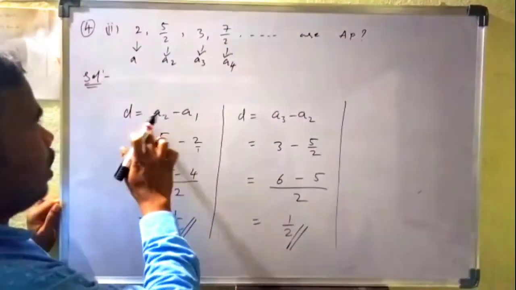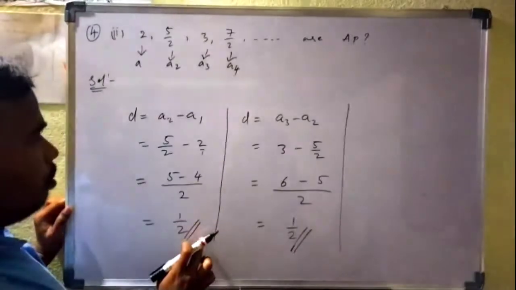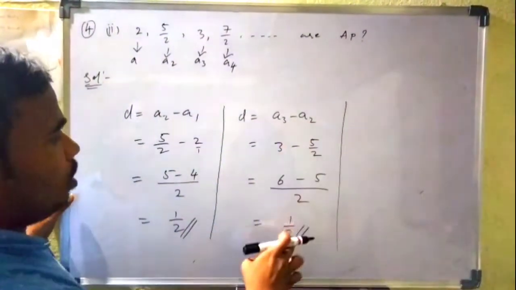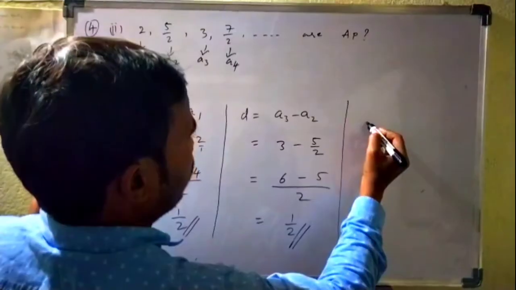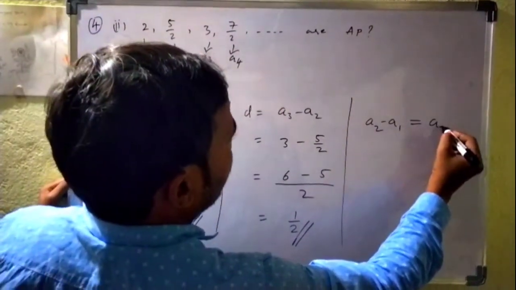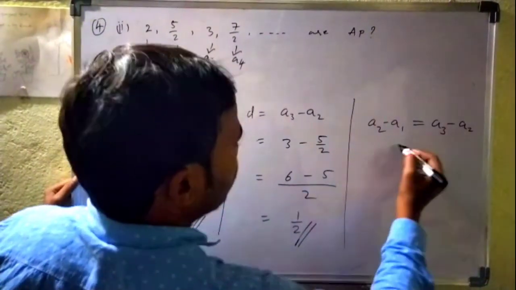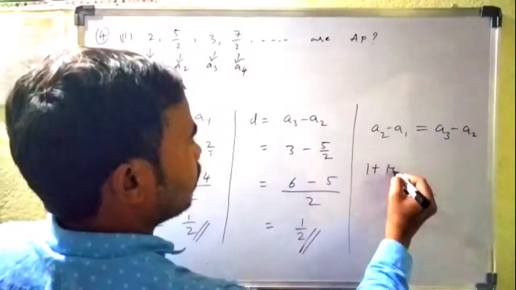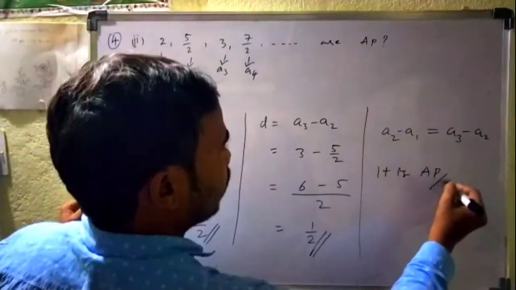Observe here also the d value: a2 minus a1 is equal to 1/2, and a3 minus a2 is also 1/2. So finally a2 minus a1 is equal to a3 minus a2. So it is an arithmetic progression.